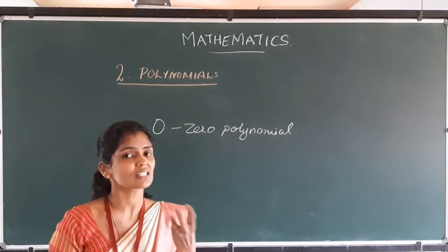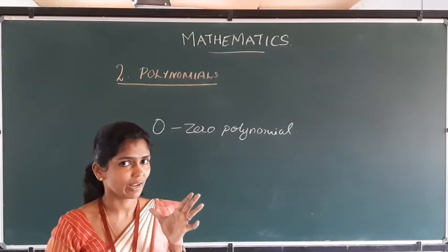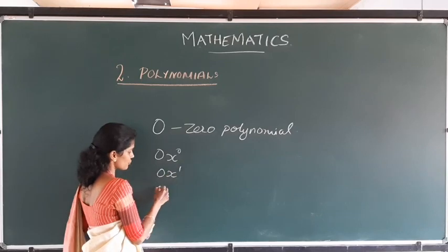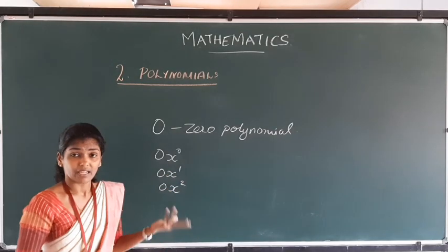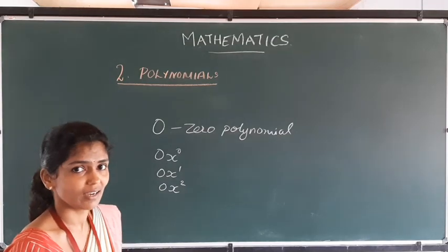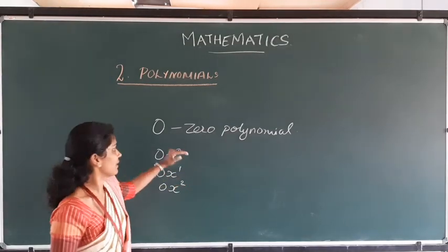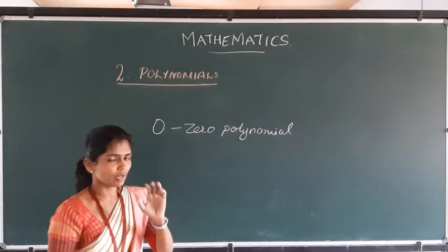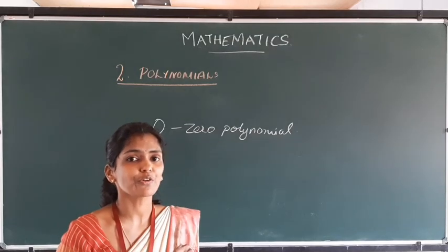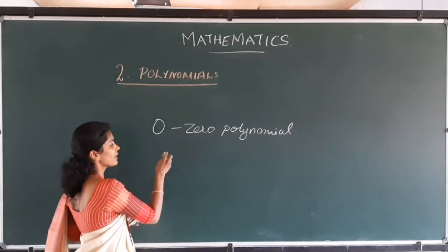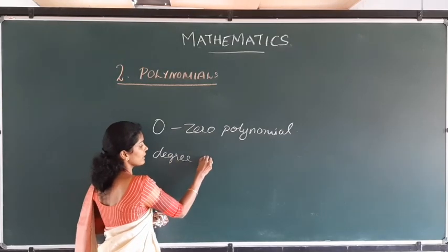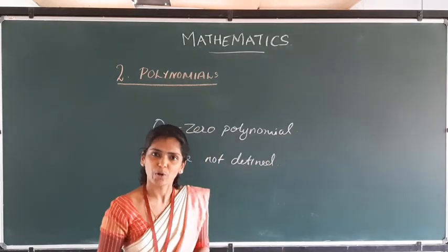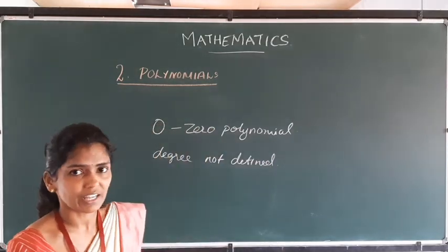We know a constant polynomial's degree is 0, right? But here you can write this as 0 into x raised to 0, 0 into x raised to 1, 0 into x square. Any variable in any degree, right? We cannot define the degree of a 0 polynomial. So, you just understand that the degree of a 0 polynomial is not defined. In the case of a 0 polynomial, degree not defined.